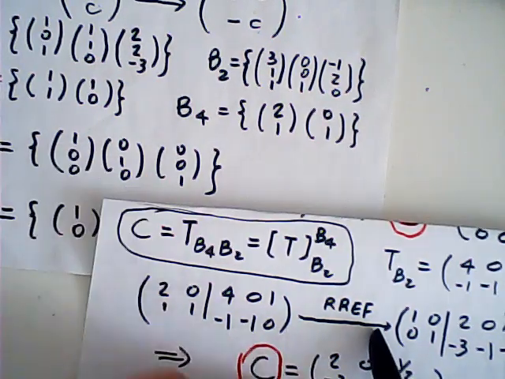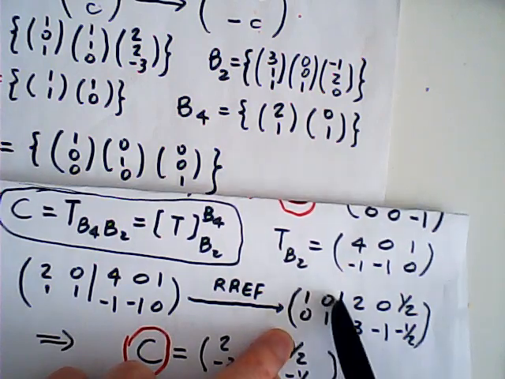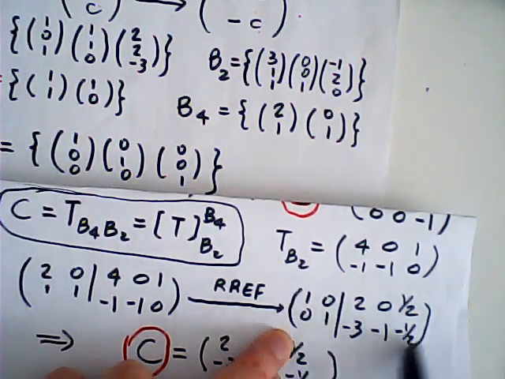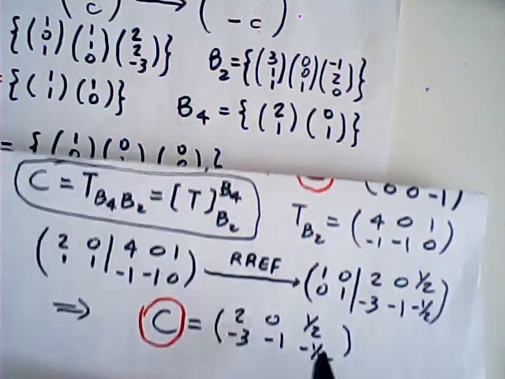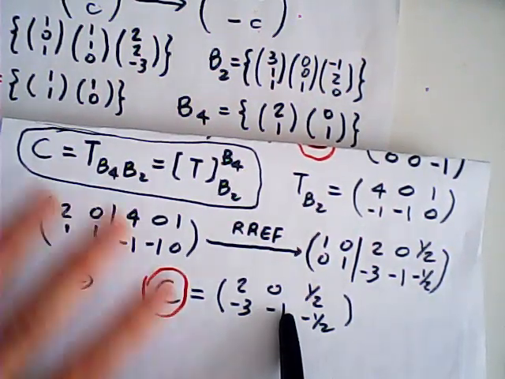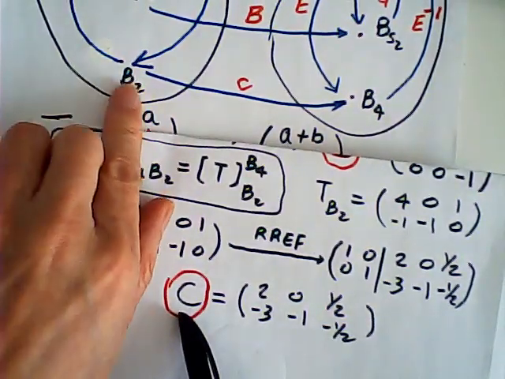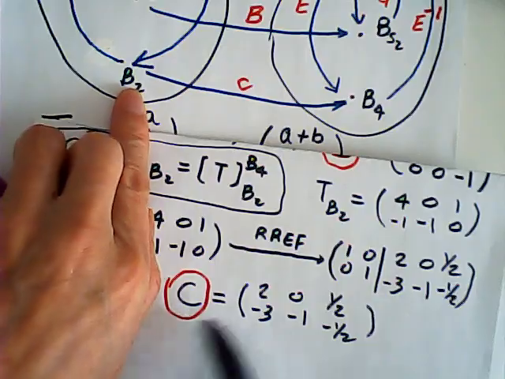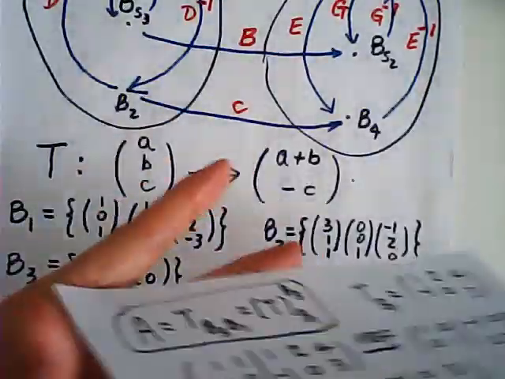Then perform row operations until you get the reduced row echelon form here. And this is my C. C is this. So this is a matrix operation from B2 to B4. Okay.